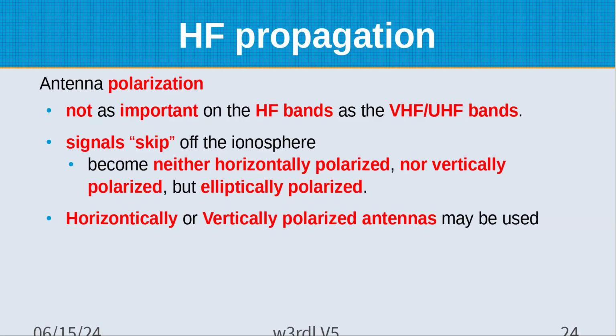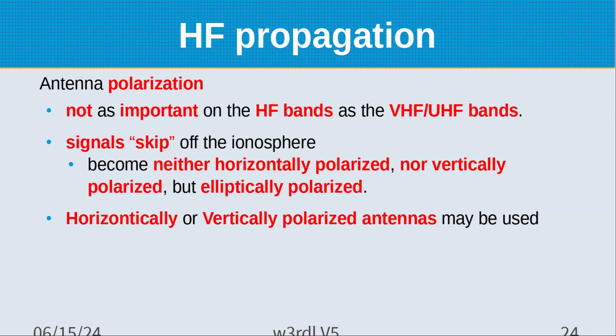Okay. Polarization. It's not a big deal on the HF bands because I said the refracted waves come back elliptically polarized, so it really doesn't make a difference whether you have a vertical or horizontal polarized antenna. When you're doing VHF and UHF, where you're doing line of sight, it definitely makes a difference.